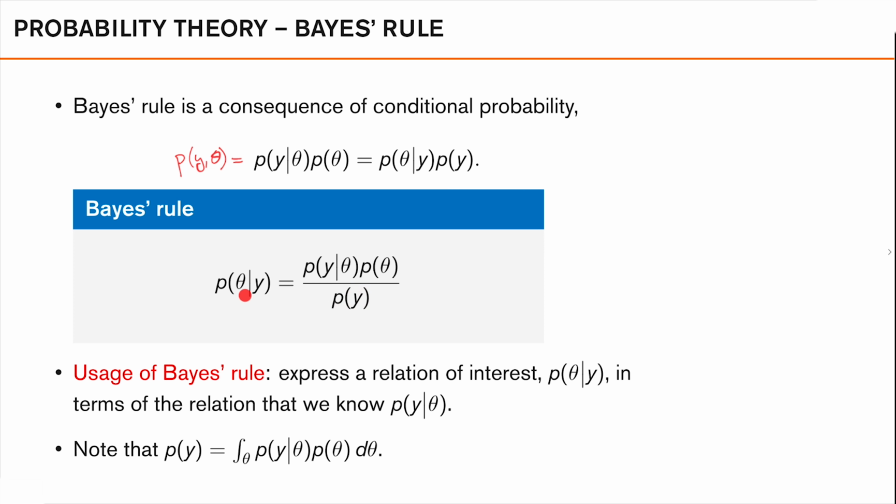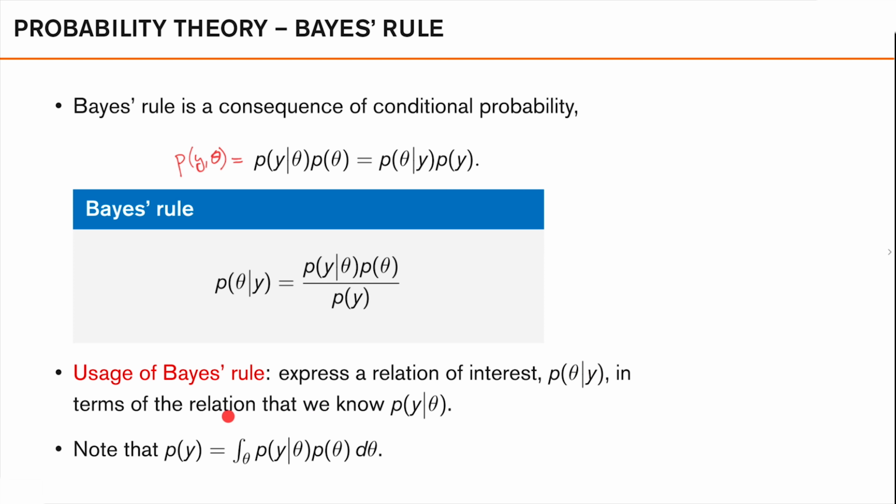Note that this gives us the ability to switch conditional probabilities, in that we can express the conditional probability of theta given y in terms of the probability of y given theta, and some other factors which are usually fairly simple. So this is the main usage of Bayes' rule. It allows us to express a relation of interest, p of theta given y, the probability of the quantity of interest, theta, given our observation, which in our toy example would be the probability that we have chosen a particular urn, given that we observe that we have picked an orange.